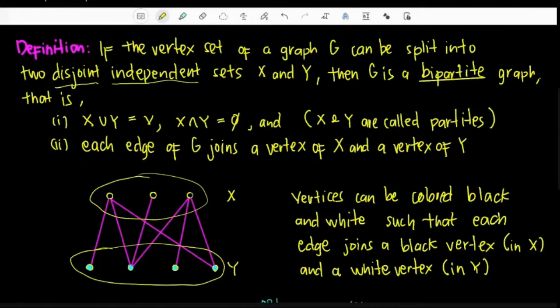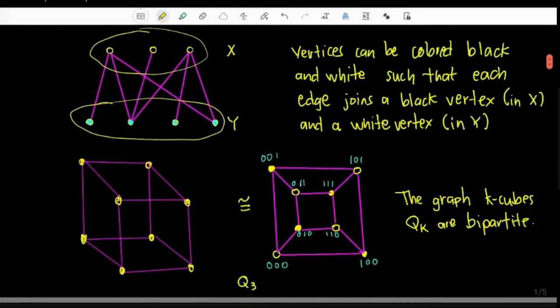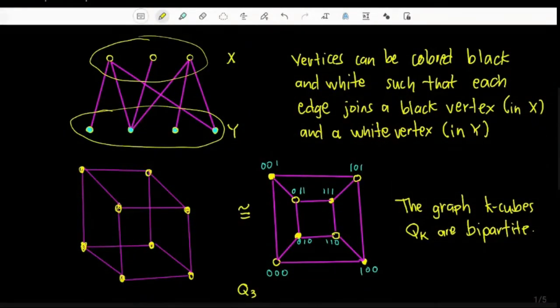And no edge has both endpoints colored black or both endpoints colored white. So that's a bipartite graph. This is another example of a bipartite graph.